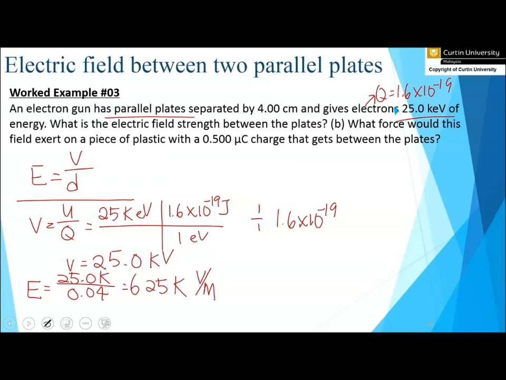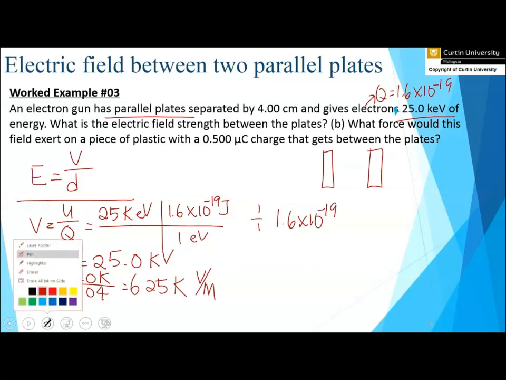Subsequently, you insert a plastic with a charge of 0.5 microcoulomb. Between the two parallel plates, you put another object inside with 0.5 microcoulomb, and you have to find the force.